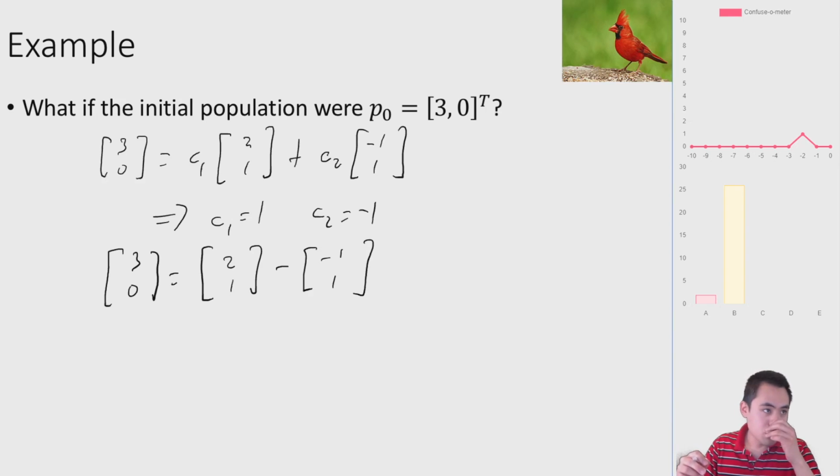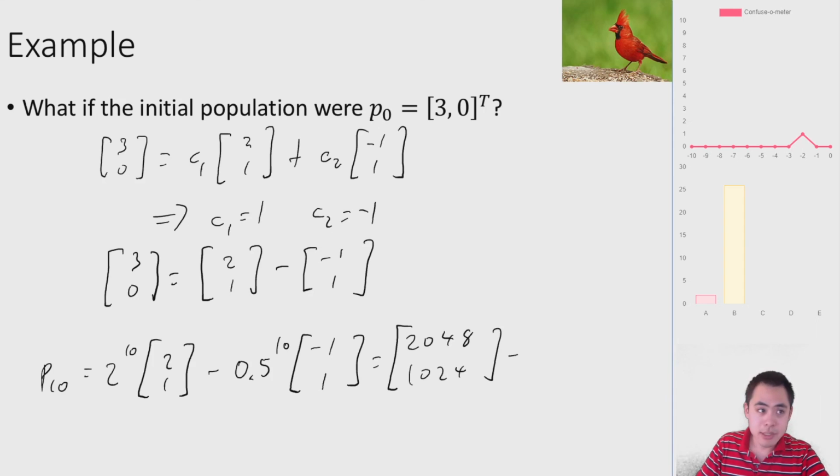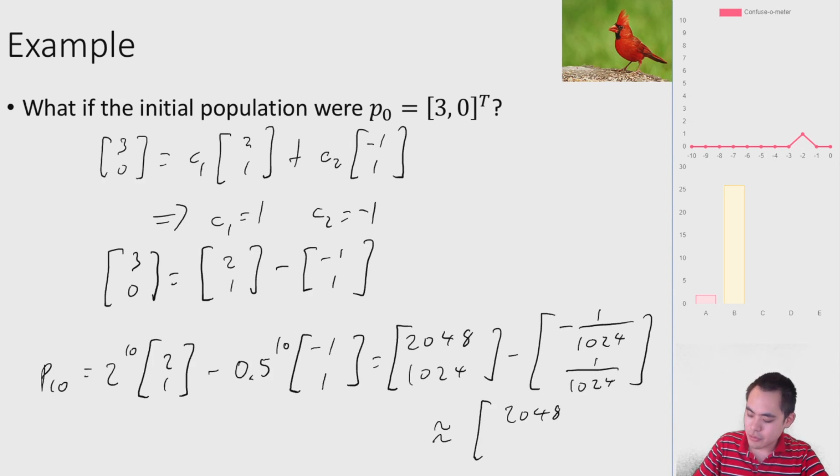That shouldn't be too hard to figure out; you can just verify it. So then P10 would be equal to 2 to the 10 times 2, 1 minus 0.5 to the 10 times minus 1, 1, which is equal to 2048, 1024, minus 1 over 1024, 1 over 1024, which is about equal to 2048 over 1024.